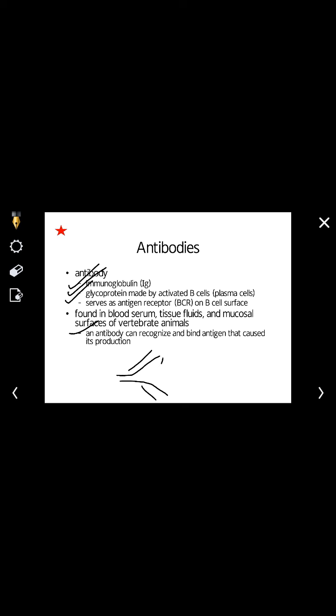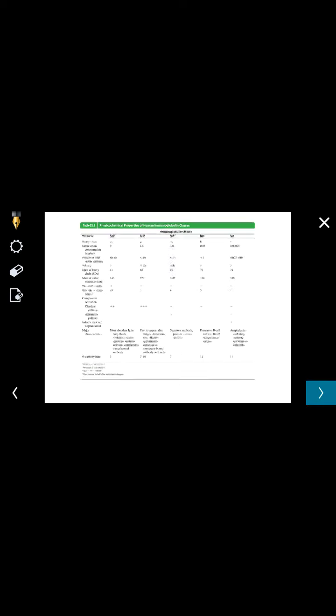You'll have this going out and finding that bacteria, and then it'll surround the bacteria with these antibodies. And these antibodies can recognize and bind to the antigen that caused its production. So that's part of why you can get opsonization.